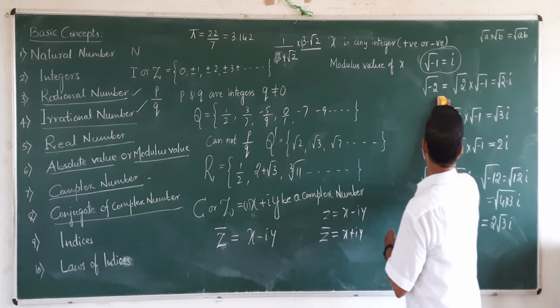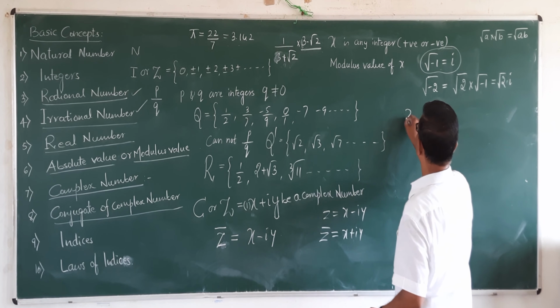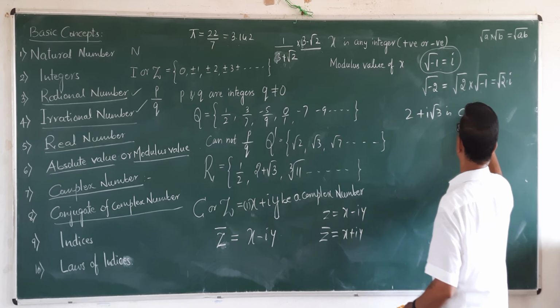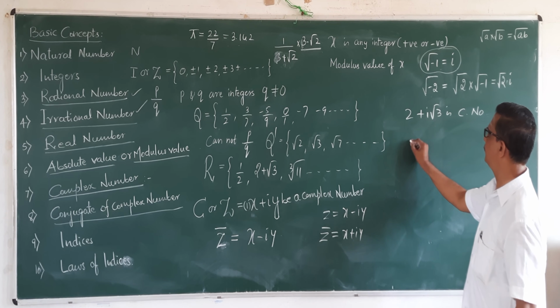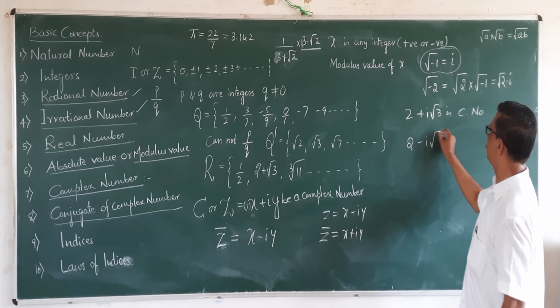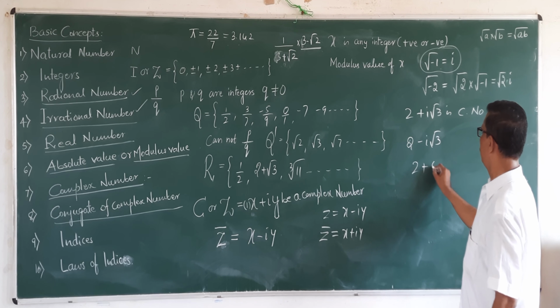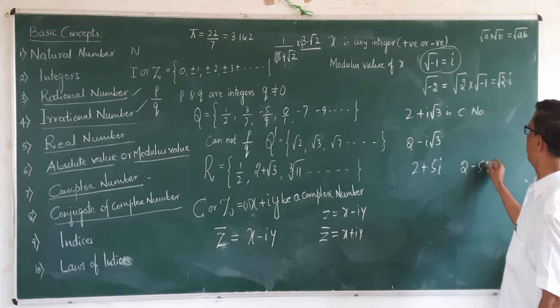For example, 2 plus i root 3 is a complex number. Write the conjugate of the complex number. 1 mark question. How to write? Just interchange the sign: 2 minus i root 3. If 2 plus 5i is a complex number, what is its conjugate? 2 minus 5i.